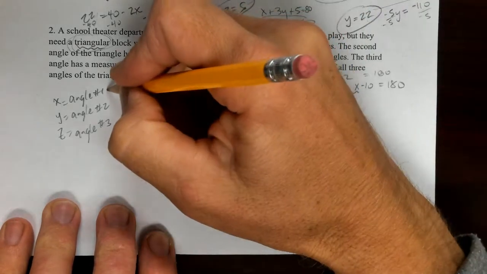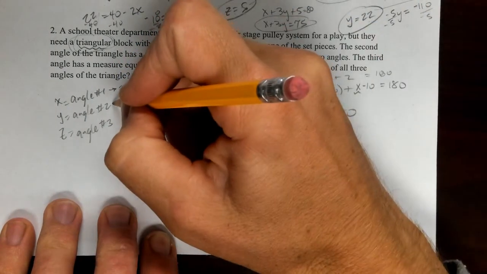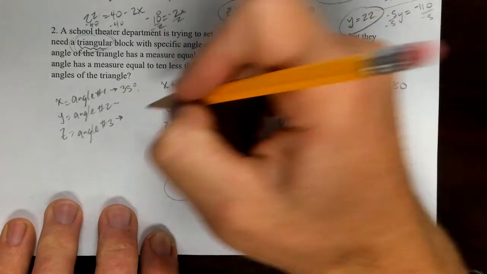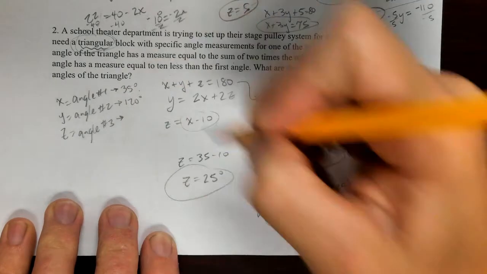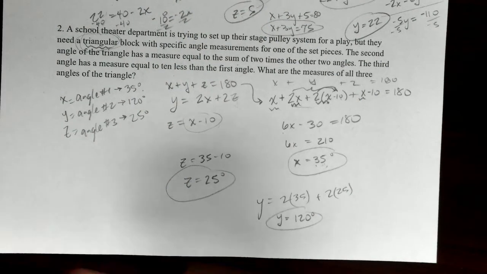So angle 1, X, is 35 degrees, angle 2, Y, is 120 degrees, and Z is equal to 25. Bada bing, bada boom.